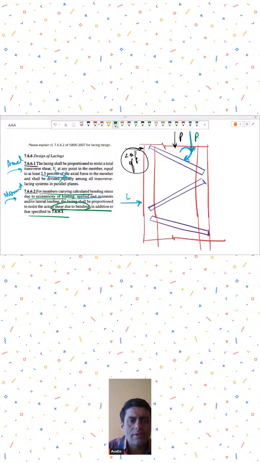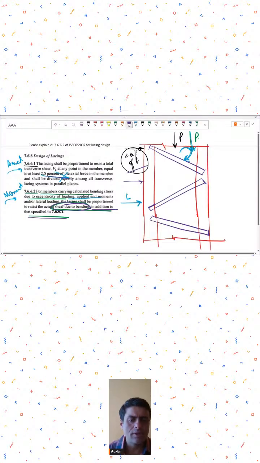But then the confusing statement is that in addition to that specified in 7.6.6.1, so maybe they are trying to say that this 2.5% of P plus the shear due to actual bending. In most of the practical engineers I have seen, they don't do this way. What they will do is, if there is some actual bending moment or some actual lateral force, then they will take that for the lacing. They don't then add up the 2.5% extra.